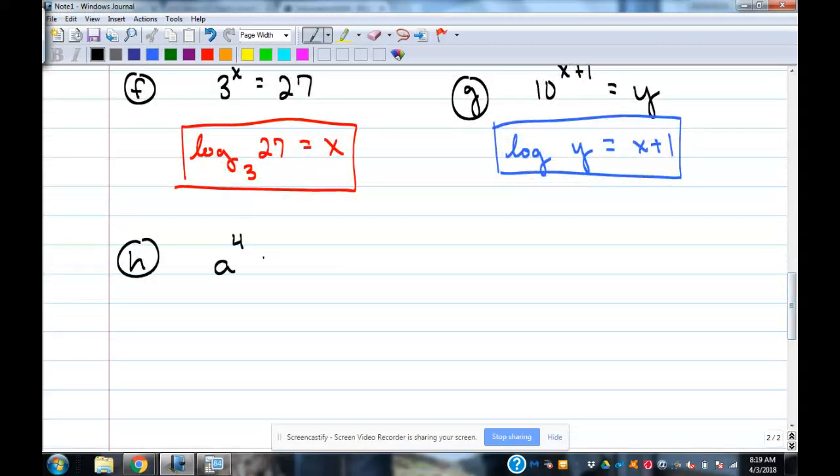A to the fourth equals 24. What kind of log base do we have here? Log base A of 24 equals 4.